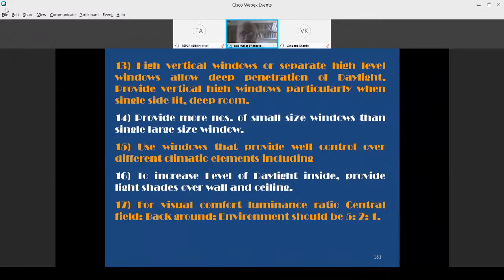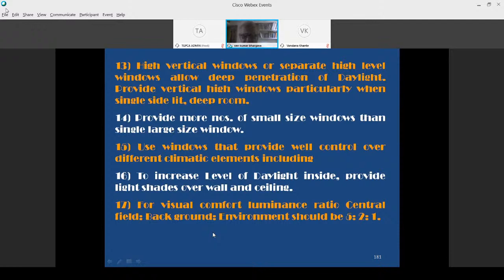Use windows that provide good control over different climatic elements. To increase the level of daylight inside, provide light shades over wall and ceiling. For visual comfort, the luminance ratio between central field, background, and the environment should be 5 to 2 to 1.